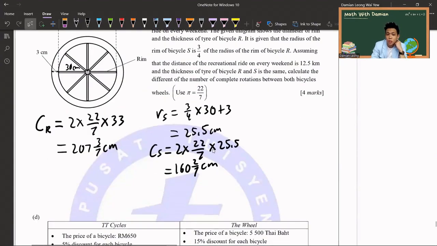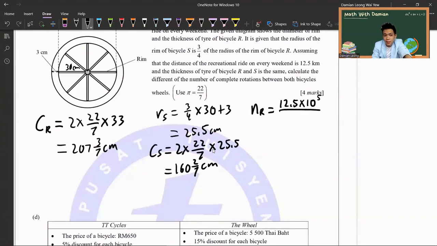So number of rotations for bicycle R is the 12.5 km. Km means times 10 to the power of 5 to change to cm. Okay, 5 zeros behind. Times 1000 to meters times 100 to cm.